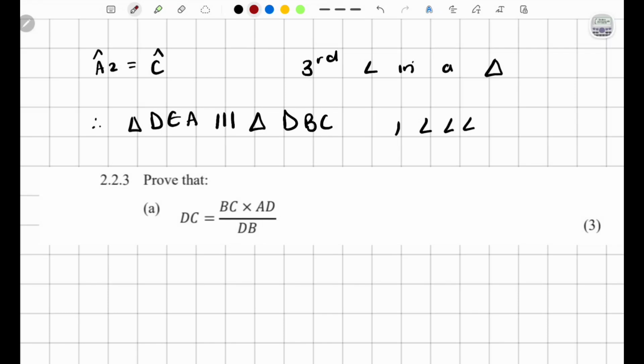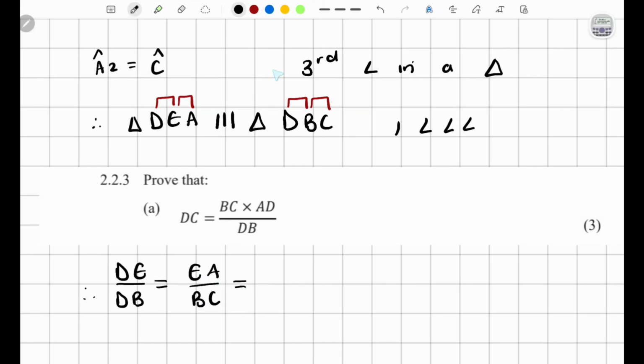So you're going to take the sides over each other. The first side we'll take is DE. And you see I took the first and second letter. So in the second triangle, I'll also take the first and second letter. So I'm saying that DE over DB should be equal to EA over BC. See? Second and third, so that's EA over BC.